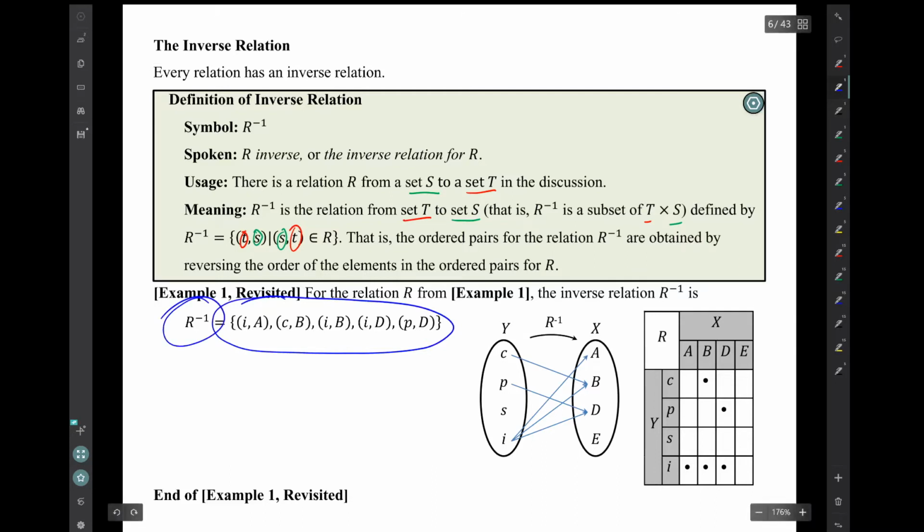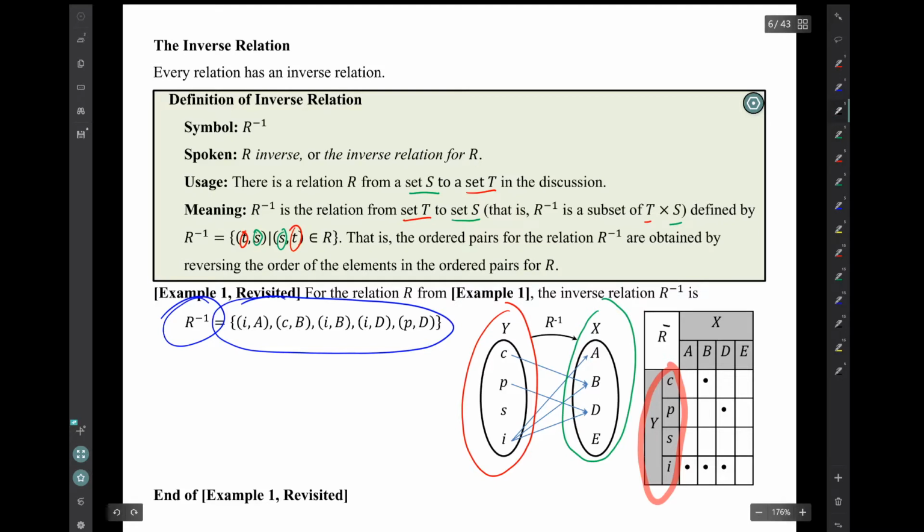Now, illustrating R inverse, we put its domain on the left. So its domain is capital Y. Its range we put on the right. Its range is capital X. Similarly for the table, the elements of the domain of R inverse are the elements of set Y. They go on the left.